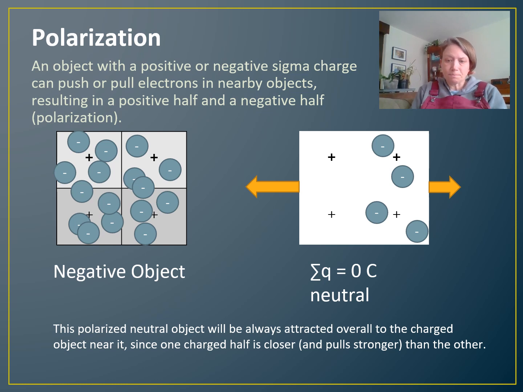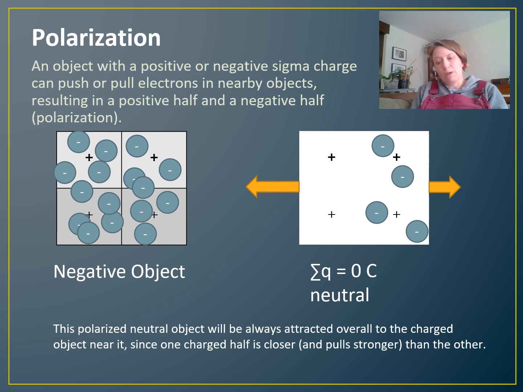half on the right. One interesting effect of polarization is that neutral objects are actually attracted to charged objects. And the reason they are is because the half that is closer to the charged object has the particles that are being attracted. And so that half is pulled.